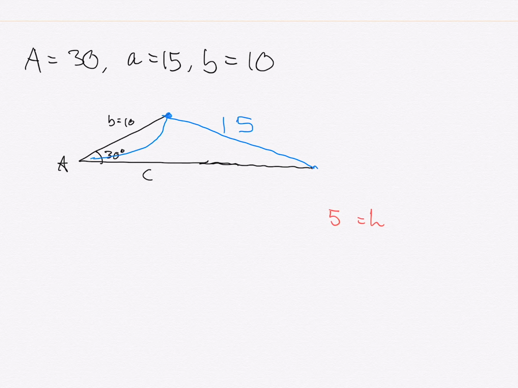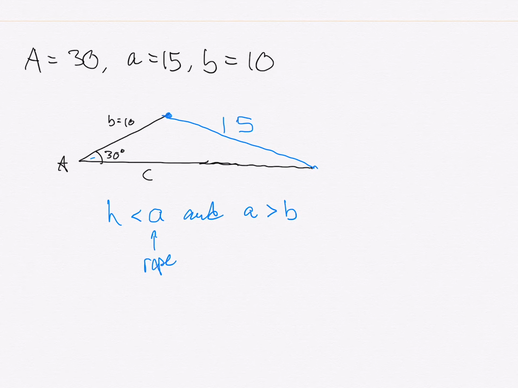So in the case where our A value is longer than the H value, in other words, it reaches the ground, remember that this is the rope, and our rope is longer than the ramp, this tells us that we have only one triangle.